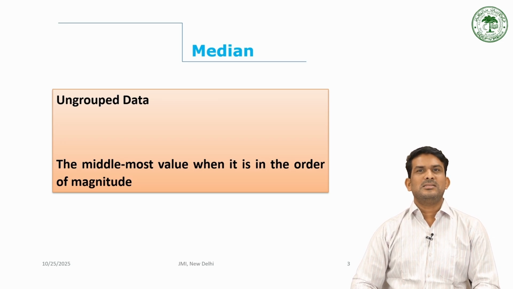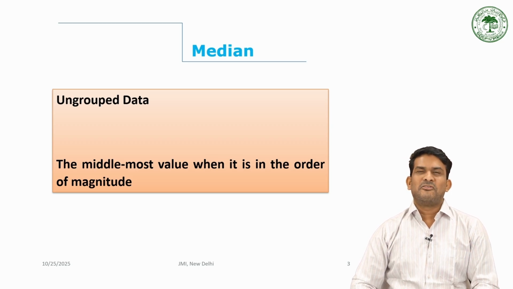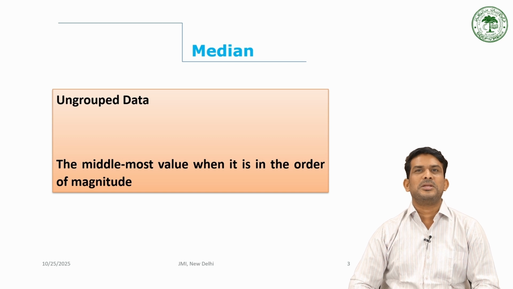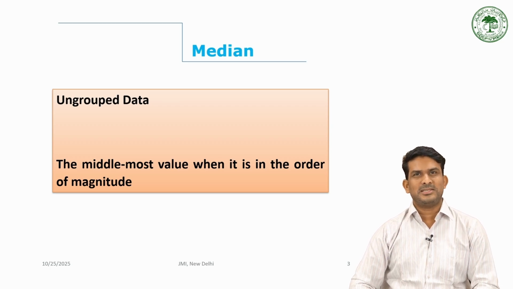What is the benefit of median when you compare it with the arithmetic mean? Can you tell me? For arithmetic mean, we need all the observations. We have to consider all the observations as we compute the arithmetic mean by adding all the observations and dividing by the total number of observations. Am I right?